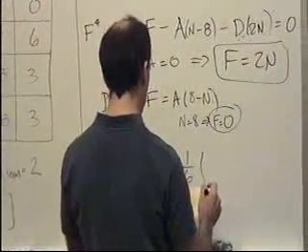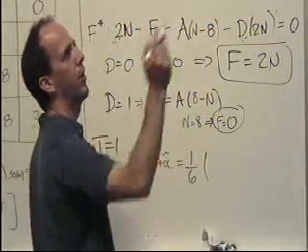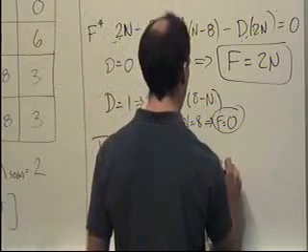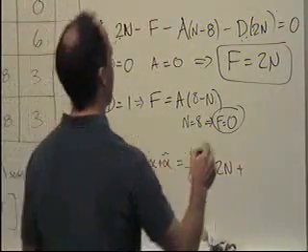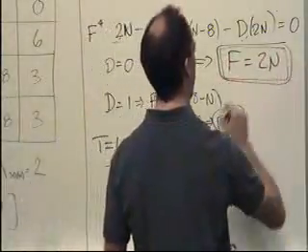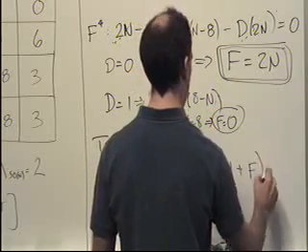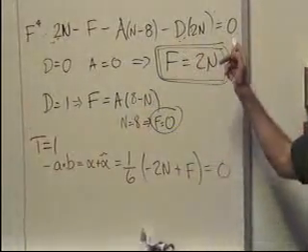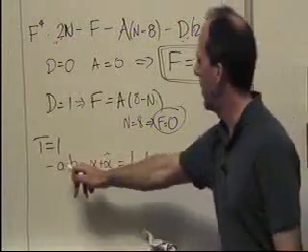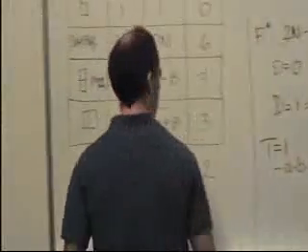Since I changed the sign, it'll be minus 2n. And then plus, let's look at this case right here, where we have 2n fundamentals: 2n plus f equals 0. So in this case, where all we have is fundamentals, and there's 2n of them, minus A dot B vanishes. So alpha plus alpha tilde is 0.